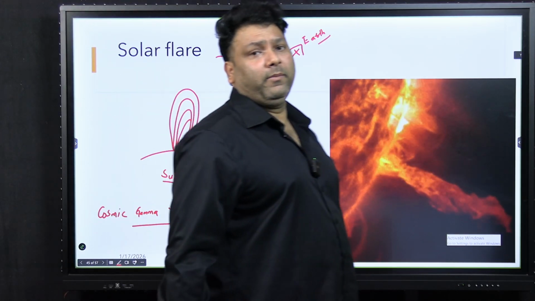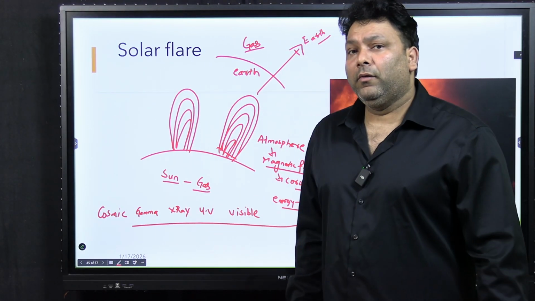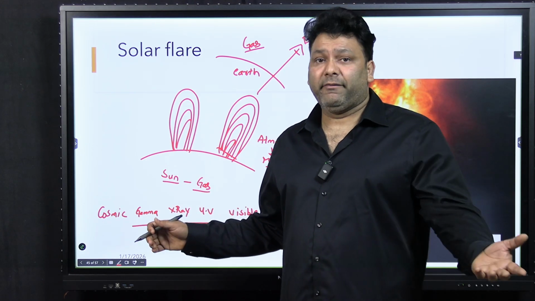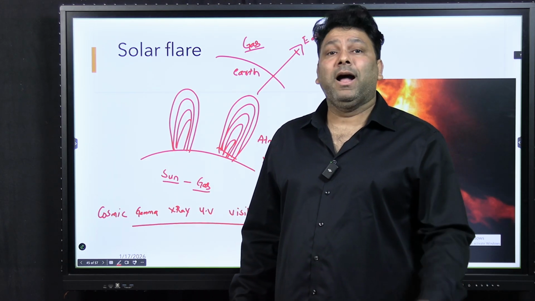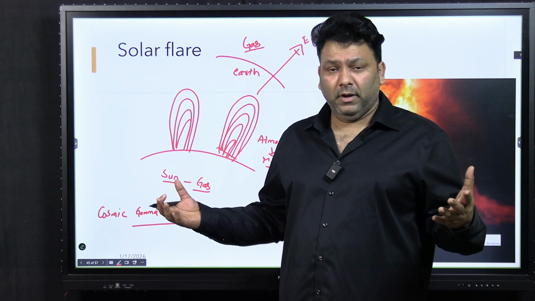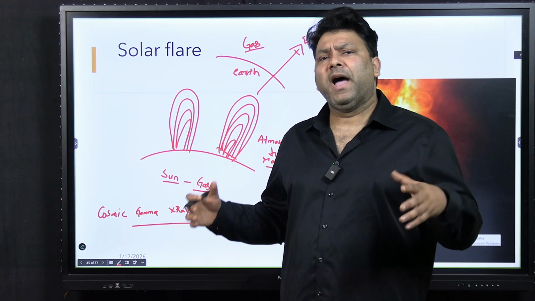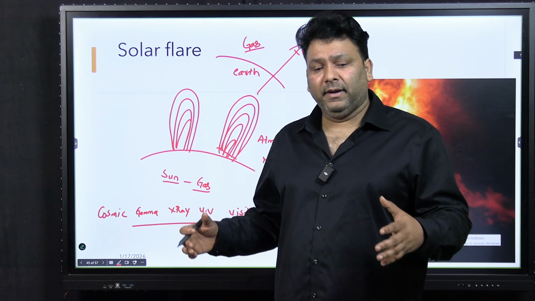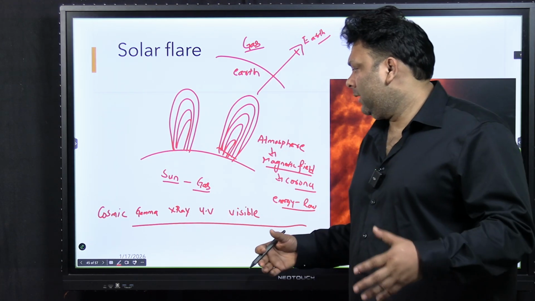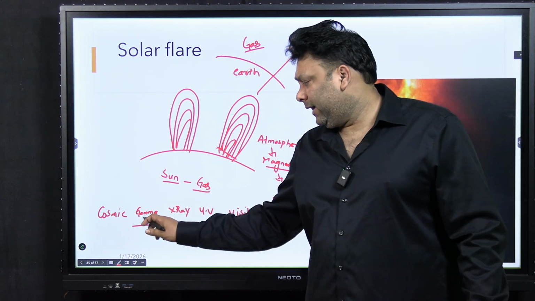Now again, one more point I am telling you here. Now if you want to observe, say ENTs, yesterday we discussed ENTs, or gamma ray bursts, or supernova explosion. If you want to observe such kind of high intensity incidents in the universe, then we have to look in this radiation spectrum.